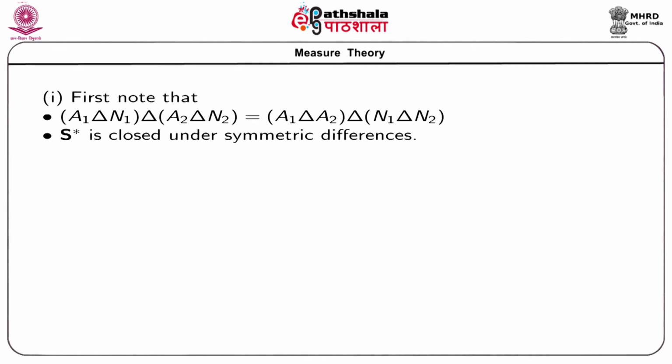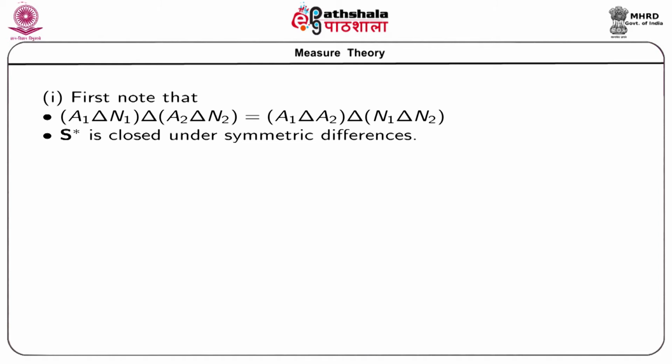We start the proof. First, note that if we take any two sets of that particular form, A1 delta N1 and A2 delta N2, then their symmetric difference can be written as the symmetric difference of A1 delta A2 and N1 delta N2.